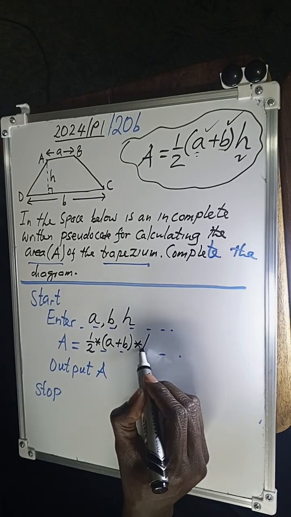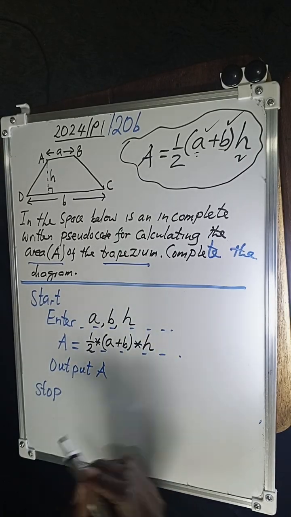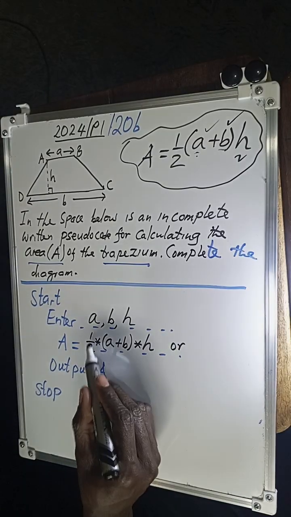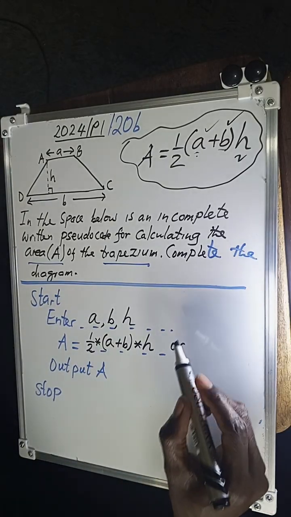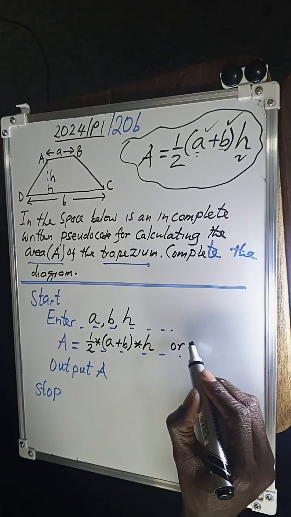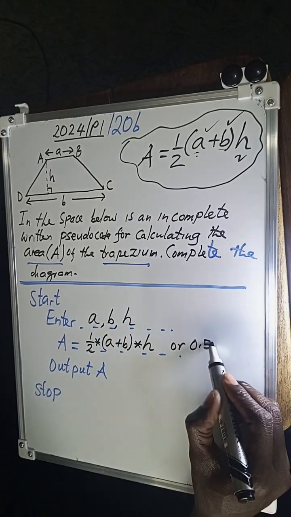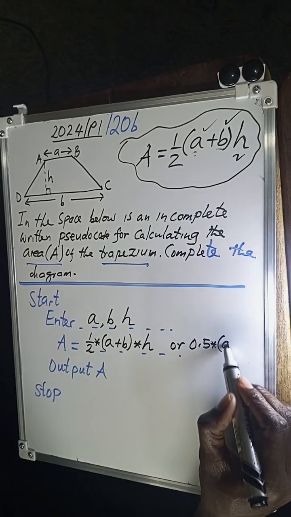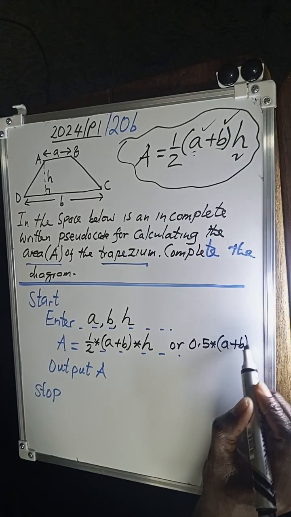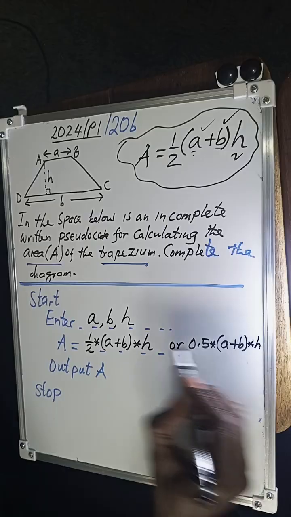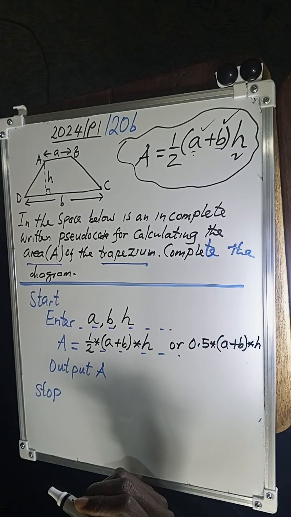Multiply again by H. That's the way you can write it. Others might prefer to divide, so they may write 0.5, because 1 divided by 2 is 0.5, multiplied by A plus B multiplied by H. There's no problem with that.